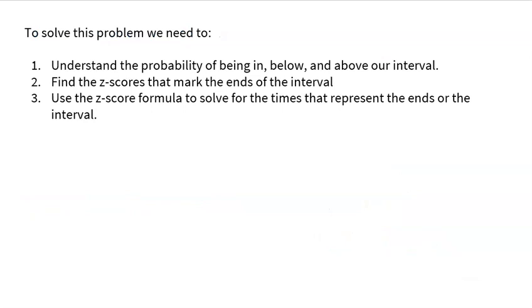All right. So to solve this problem, we need to really do three things. We have to first understand the probability in, below, and above our interval, which I just explained to you. Hopefully that makes sense. Then we have to find the z-scores that mark the ends of that interval. And then I need to use the z-score formula to solve for those times.